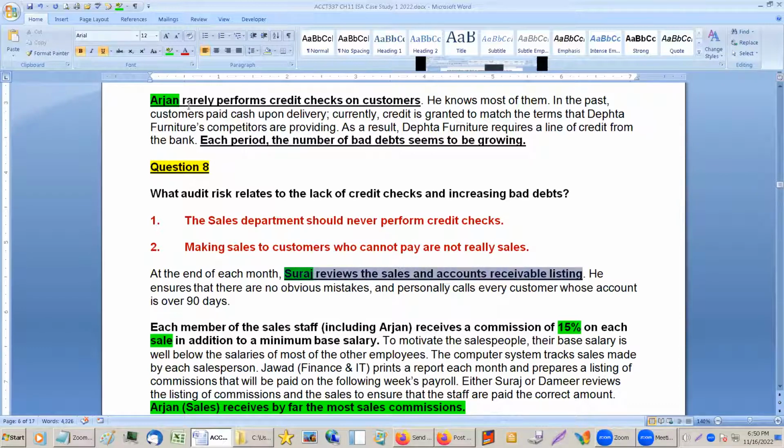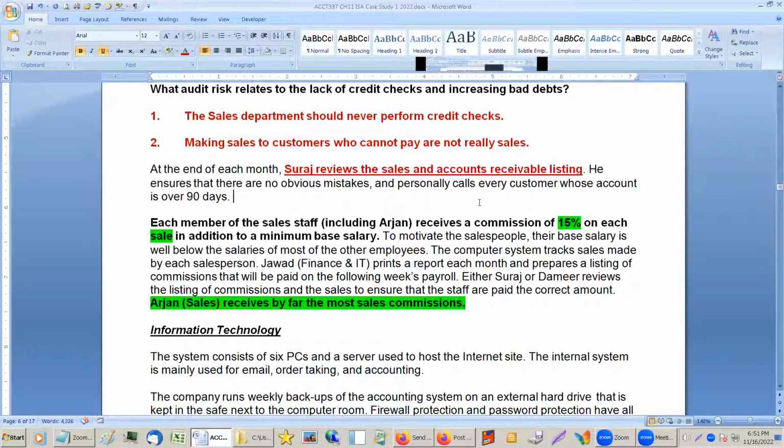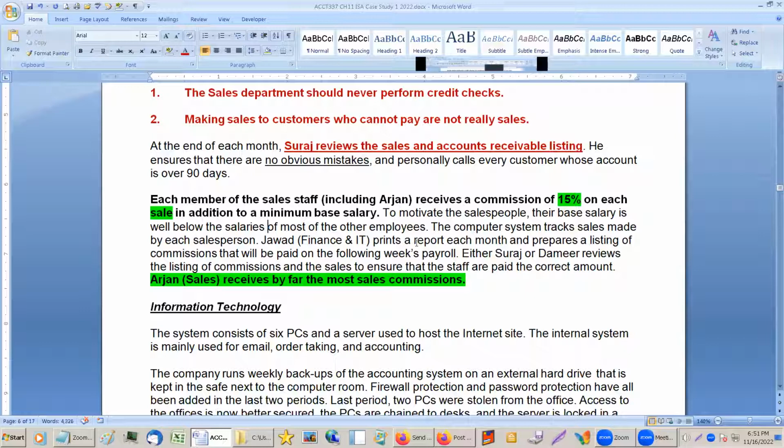Like I say, Siraj does look over the sales and the accounts receivable for no obvious mistakes, but you really have somebody who's kind of working on their own without oversight.